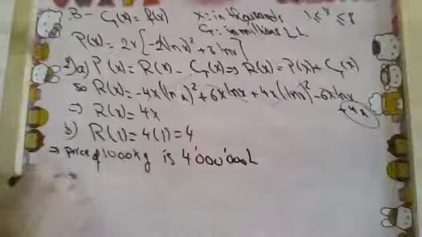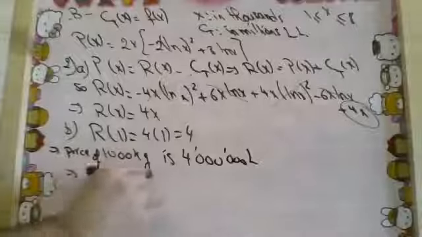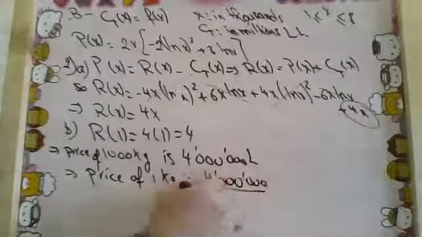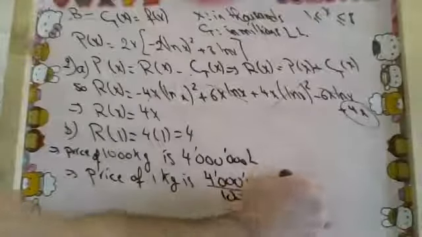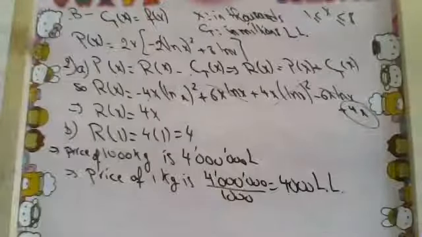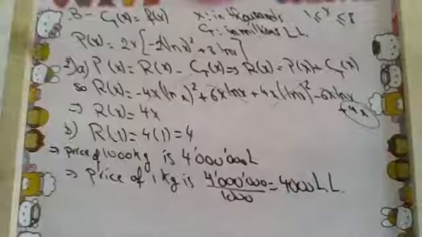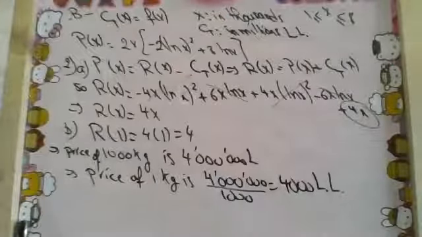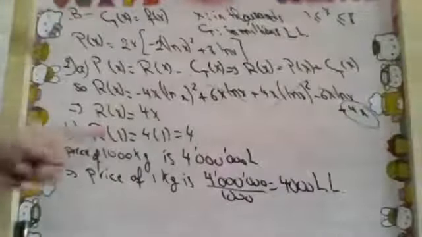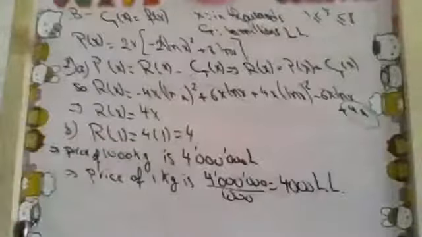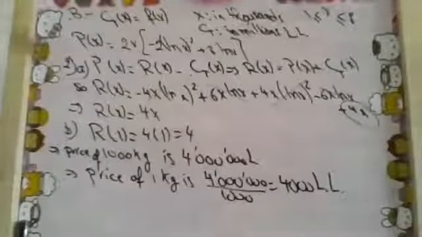It means that the price of 1 kg is 4 million divided by 1,000, which is equal to 4,000. Right? Yes, that is what I was saying. The price of 1,000 kg is 4 million, so the price of 1 kg will be 4 million divided by 1,000, which is equal to 4,000.